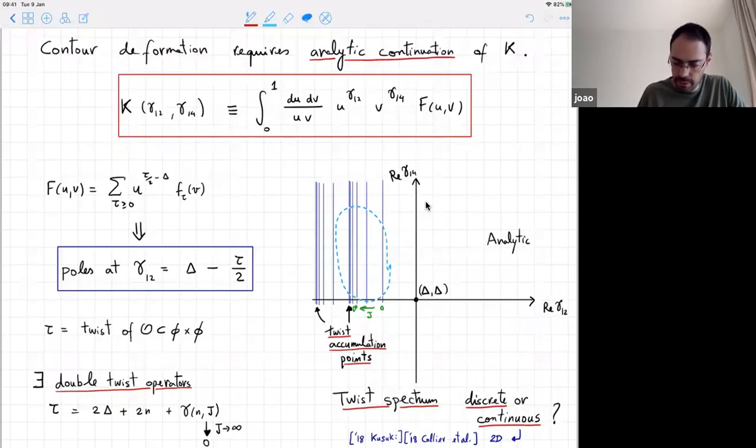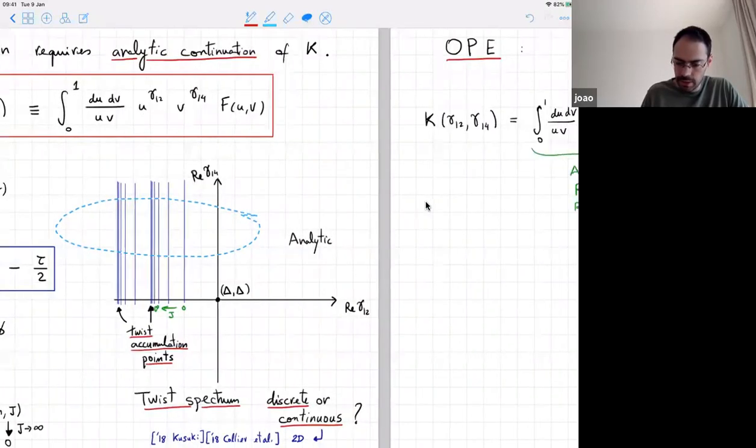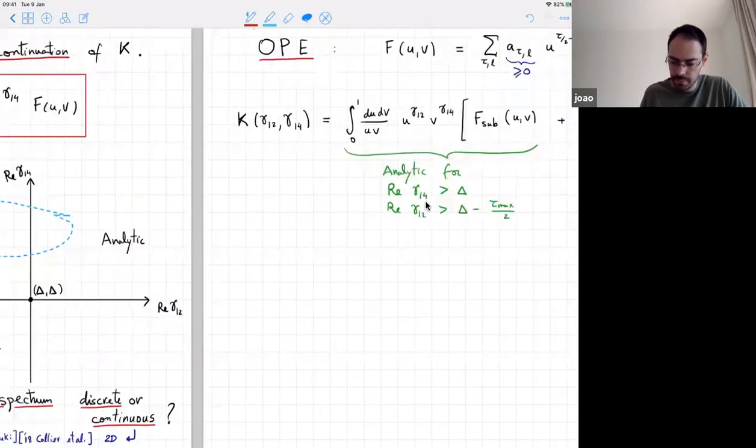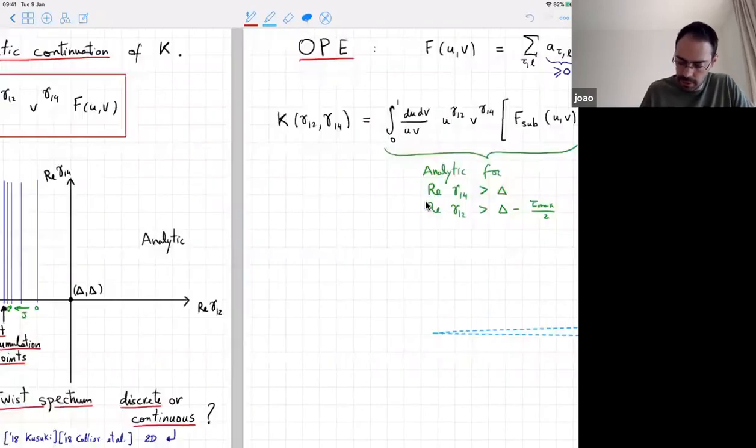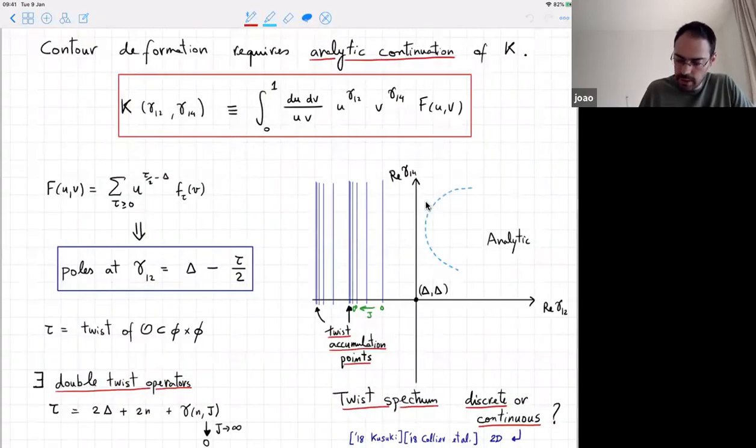And now what I want to explain is that in fact, we can make this very precise. So we can show that in this region here, we only have these poles. Let me quickly tell you the argument, how to do that. Well, let me first state the result clearly. So here it started analytic. Now I will argue that I can move to this region and these are the only poles.